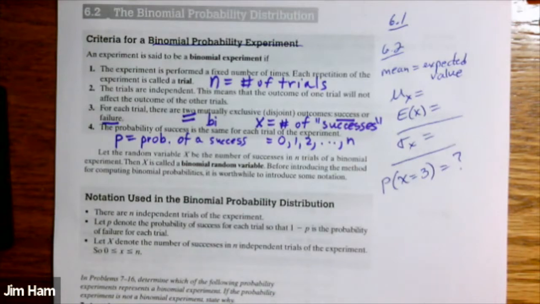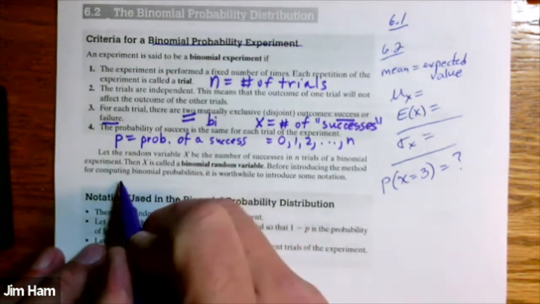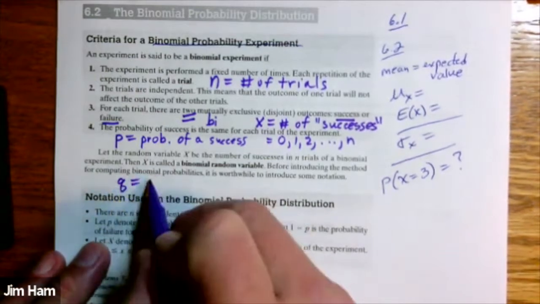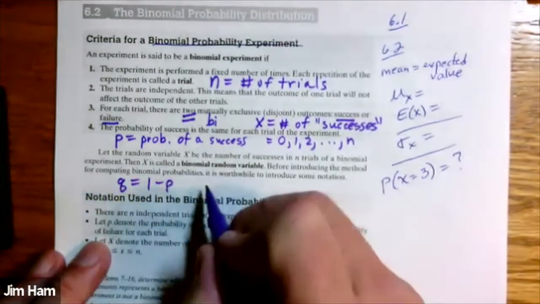So even in situations where there are multiple possible responses, we can convert it to just 2 responses, a success and a failure. The other thing is that you're going to see q in the formula, and the q is 1 minus p.